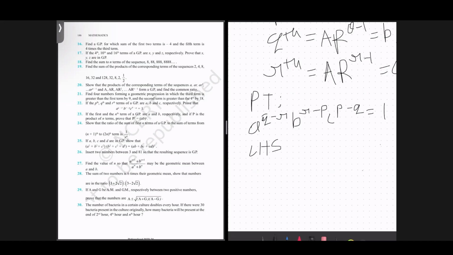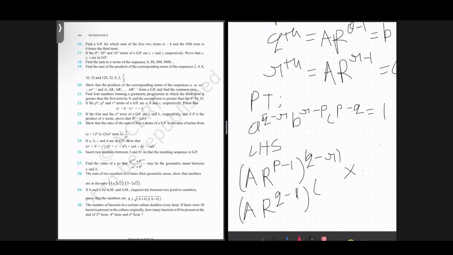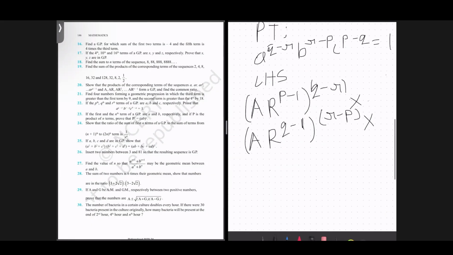So the LHS would then be, substituting the values from above, A R raised to the power p minus 1 all raised to the power q minus r, into b, which is A R raised to the power q minus 1, raised to the power r minus p, into c, that is A R raised to the power r minus 1 raised to the power p minus q.